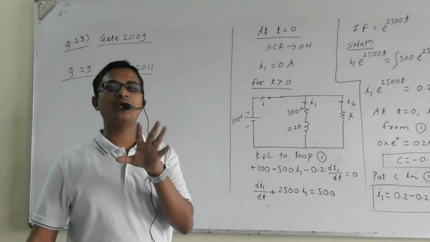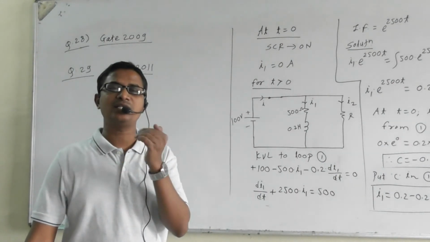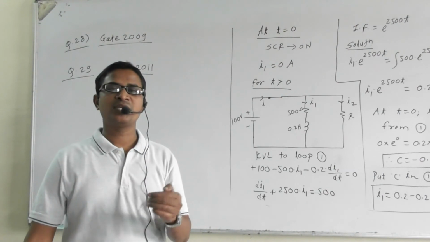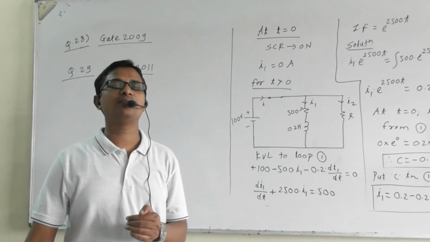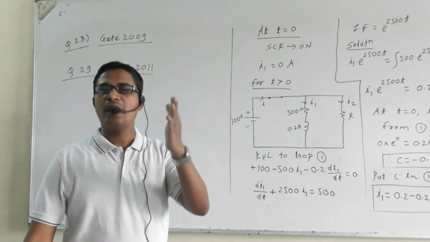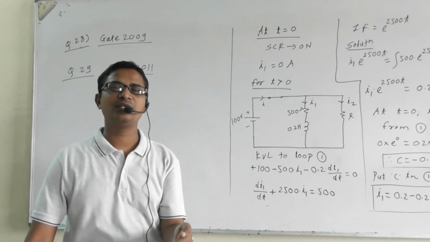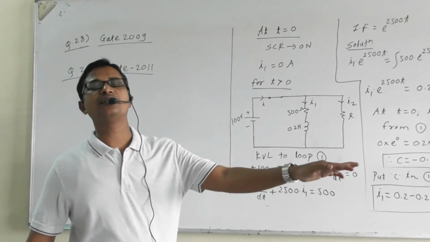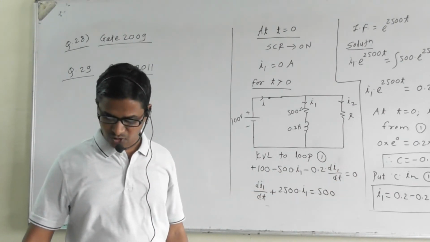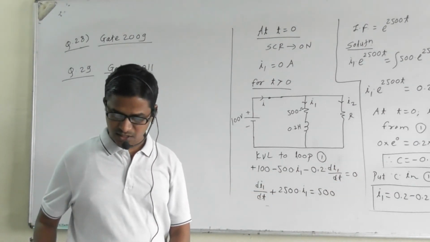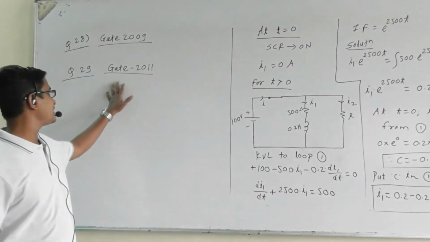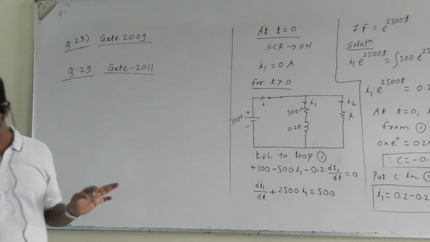Here we are not applying the reverse voltage across the SCR in order to reduce the anode current below the holding current. Be careful. First the anode current reaches zero, and after that we maintain the reverse voltage. So option C is the correct answer for this question.